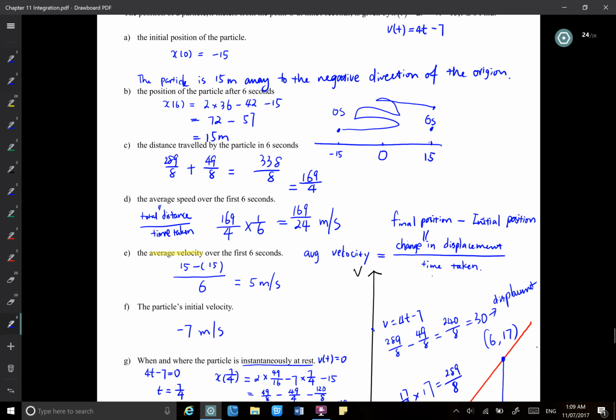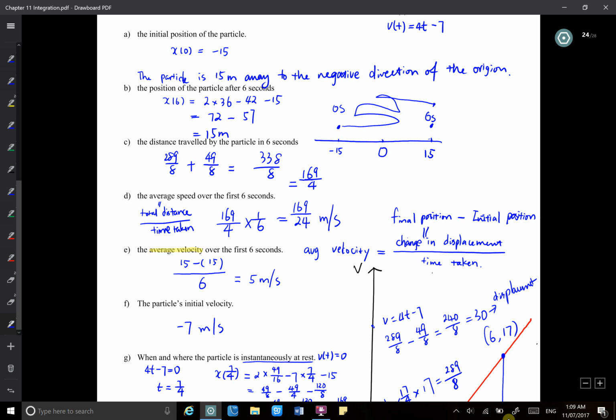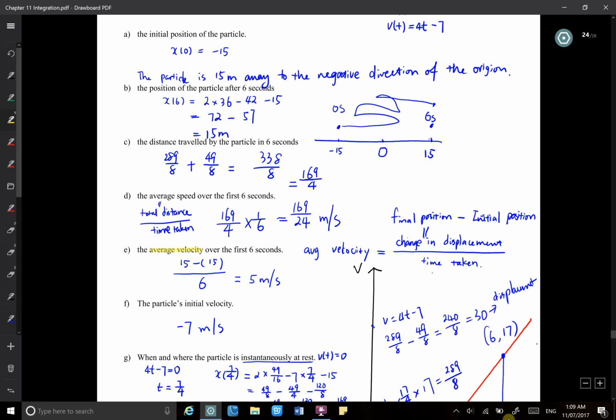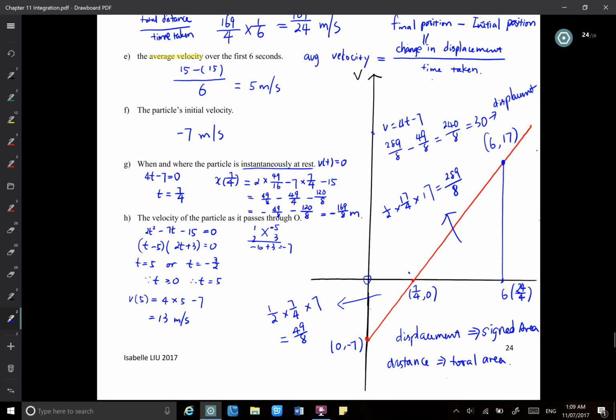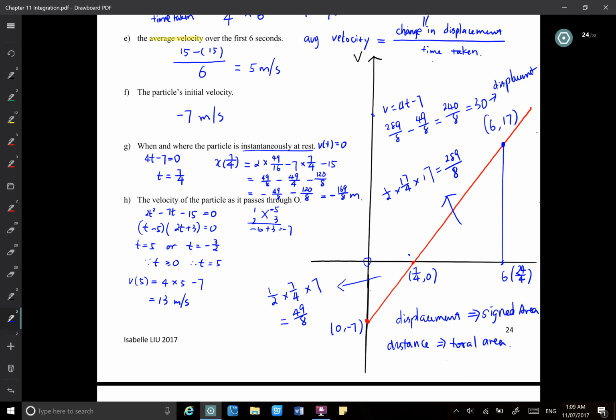It's about very important formulas: average speed and average velocity. You must remember those two formulas, and you must learn how to use the v-t graph to find the displacement and distance.